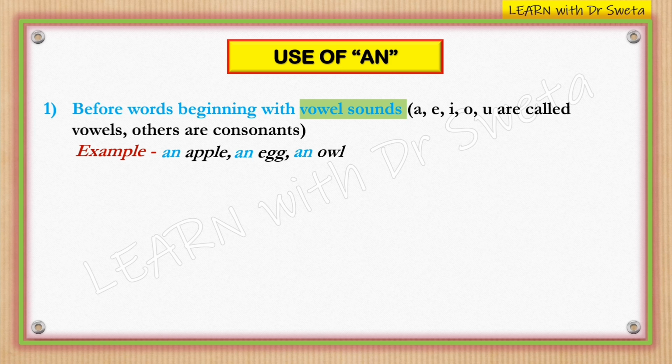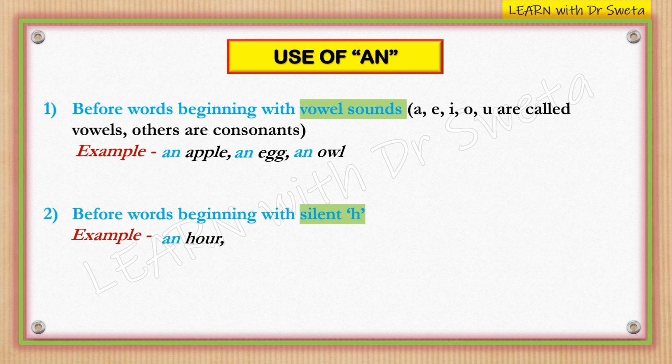Next is before words beginning with silent H. In some words, the letter H is silent, meaning the word starts with a vowel sound. In these cases, we also use an. For example, an hour. So here H is silent, so it sounds like it starts with the vowel O. An honorable man.